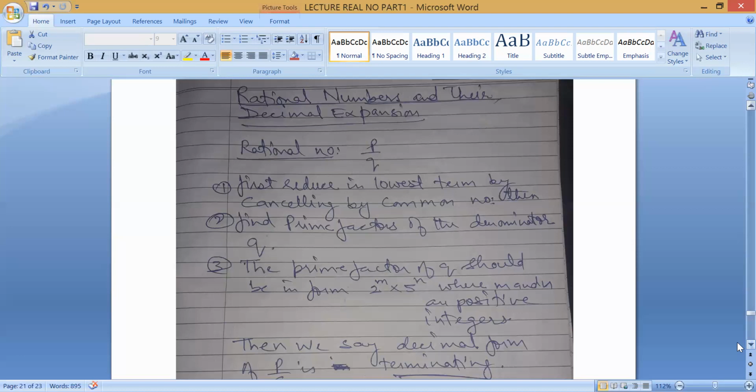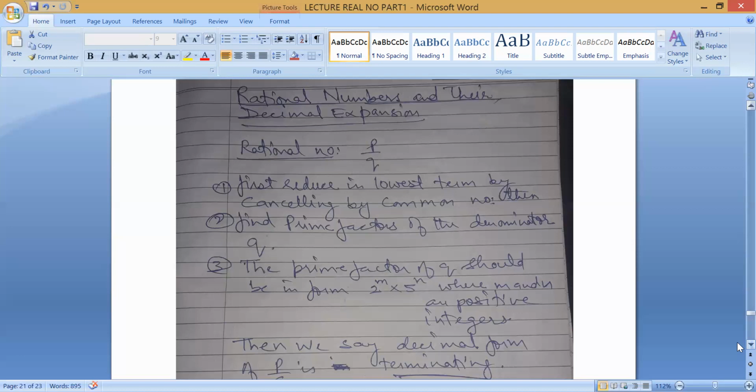Now, when you are getting 7 upon 10, then you will say that the prime factors of q, that is the prime factors of the denominator, are in the form of 2 to the power m and 5 to the power n, where m and n are non-negative integers. M and n non-negative means the values of m and n may be 0 or greater than 0.